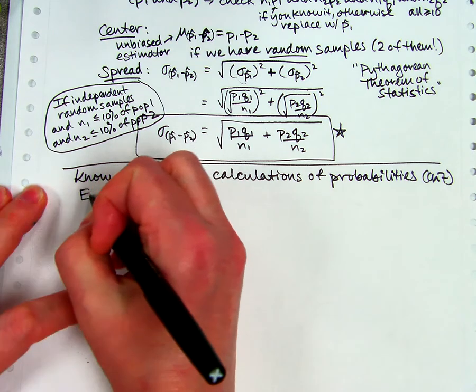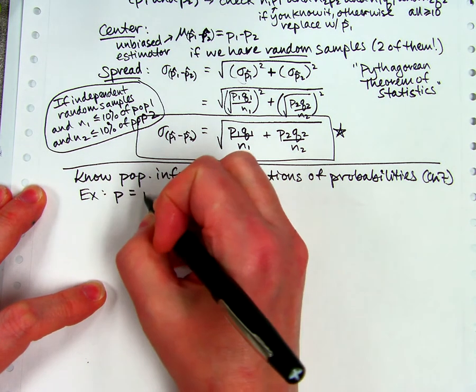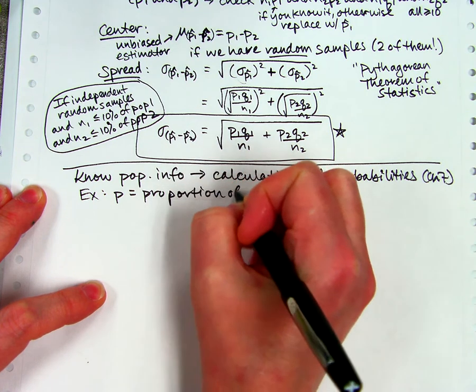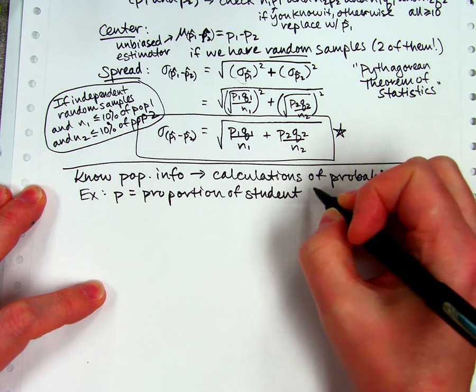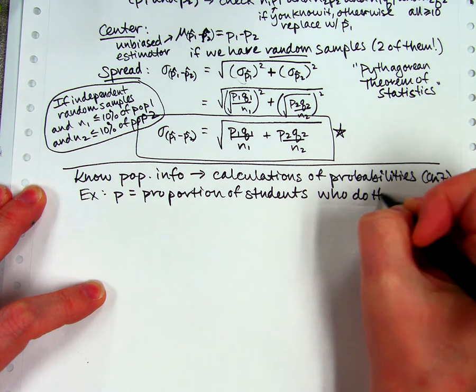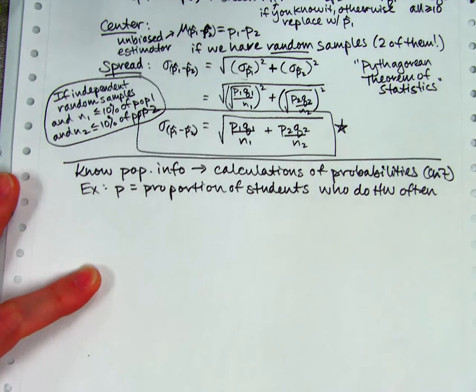Let's say we know, for instance, that P is representing the proportion of students who do their homework often. Are you in that proportion? I hope you are. I wouldn't say I have to do it 100% of the time, but they regularly do their homework.